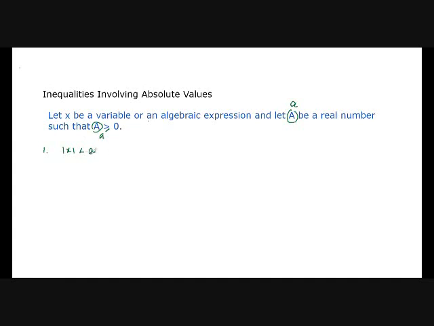If absolute x is less than a, if and only if, in other words, x is less than a and greater than negative a. Okay, and this one we call a double inequality.